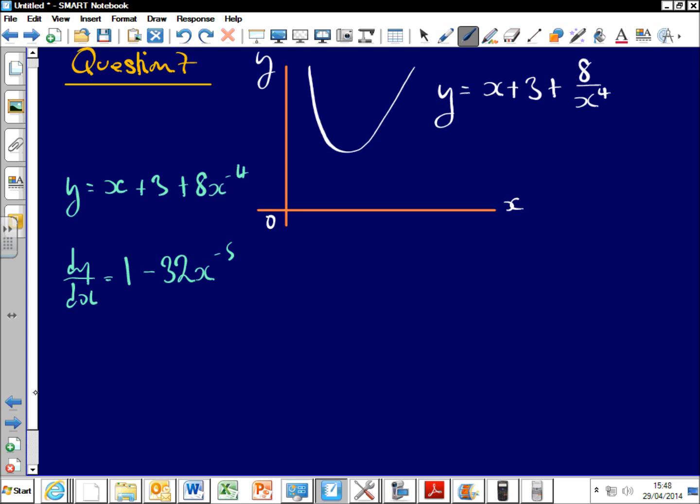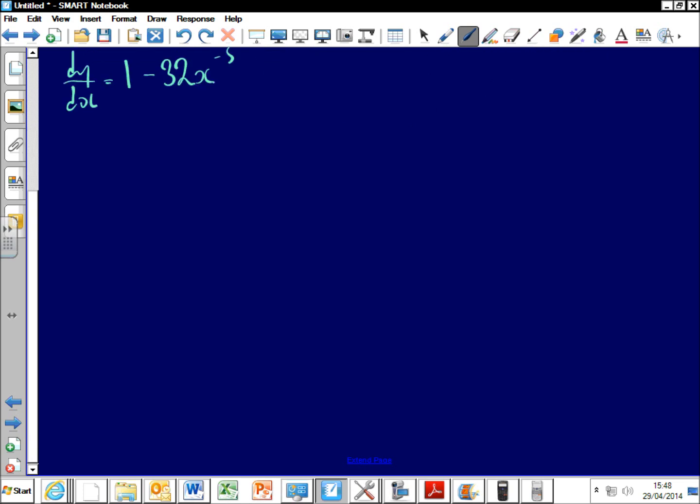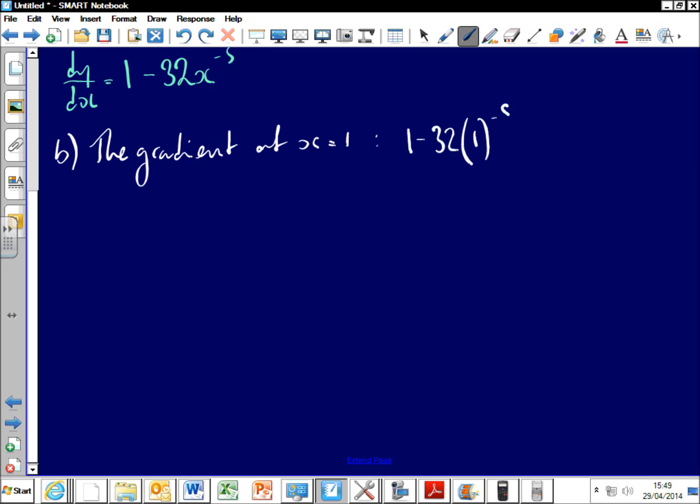Okay, so we want the tangent at x equals 1. So that's the gradient of the curve at any point we want. So if we want the tangent, this is part B, the gradient at x equals 1 is going to be 1 minus 32 times 1 to the minus 5.